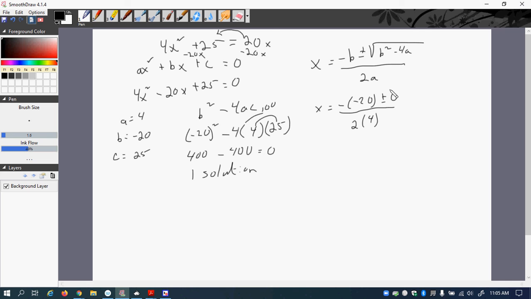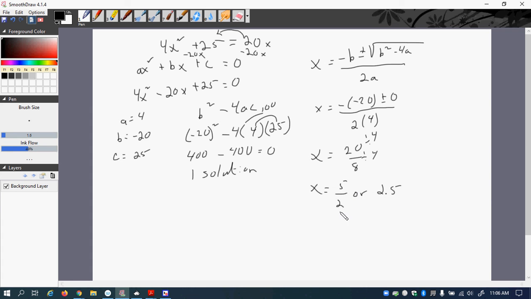I don't have to put so much stuff in because I've already done what was inside the square root. And so x is equal to positive 20, right? Because it's two negatives, and then I have 8. I could simplify this by dividing by 4, so this is really 5 over 8. I'm sorry, 5 over 2. Or we could say it is 2.5.